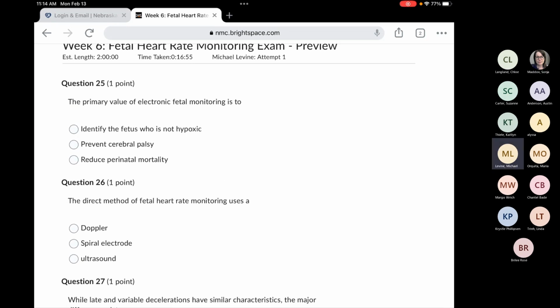Number 25, the primary value of electronic fetal monitoring is to identify the fetus who is not hypoxic, to prevent cerebral palsy, to reduce perinatal mortality. If you look at all three, you kind of shake your head and say, well, maybe, but that's not the case.